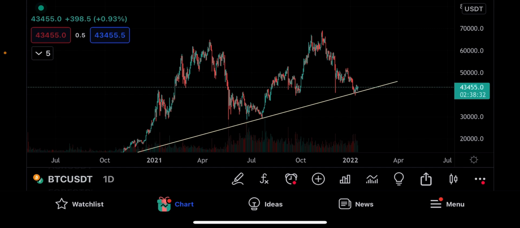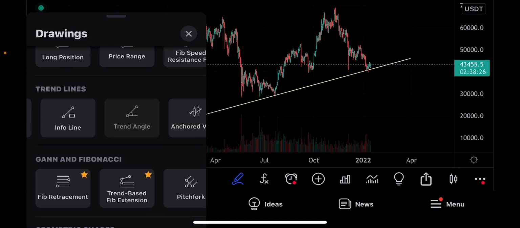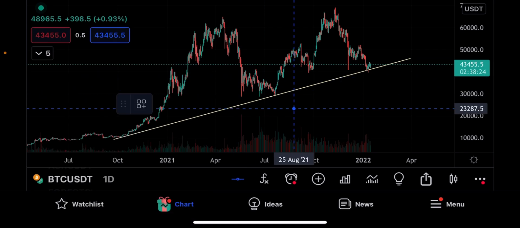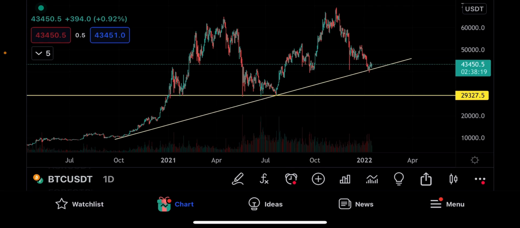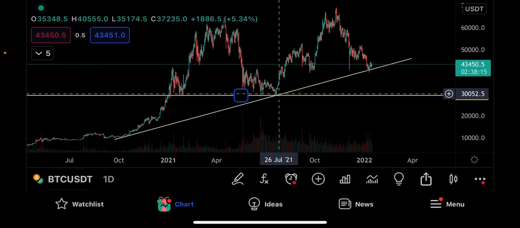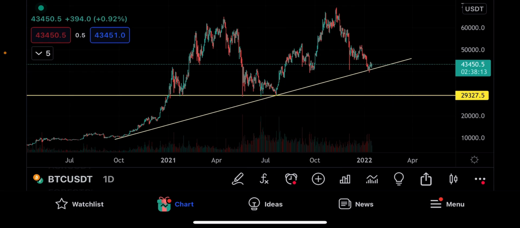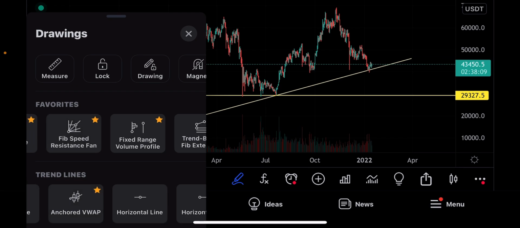There is a possibility for us to test the horizontal. Let me show you what I'm talking about here. Here we had a support. We're touching here, so this is a strong support. So there is another support line that you need to be aware of.